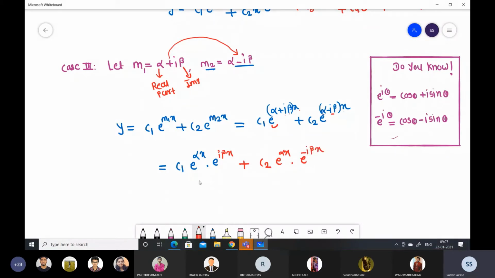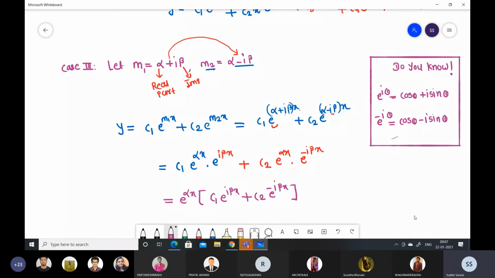Now we can see we can take e^(alpha x) common. So this is e^(alpha x) times the bracket c1 e^(i beta x) plus c2 e^(-i beta x).